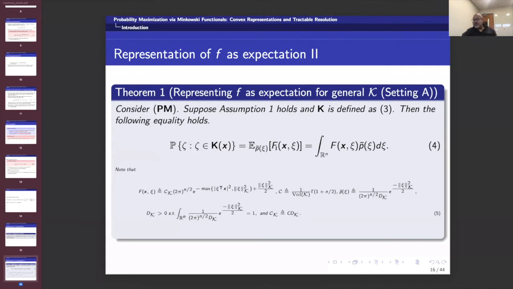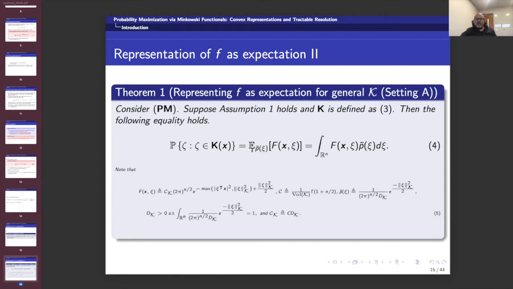As you know, you can do this with an indicator function, but that leads to discontinuities. What we show here is that under some conditions, this probability can be written as an expectation with respect to a suitably defined density. This is a distinct density that we construct, and I'll show you how it's constructed.